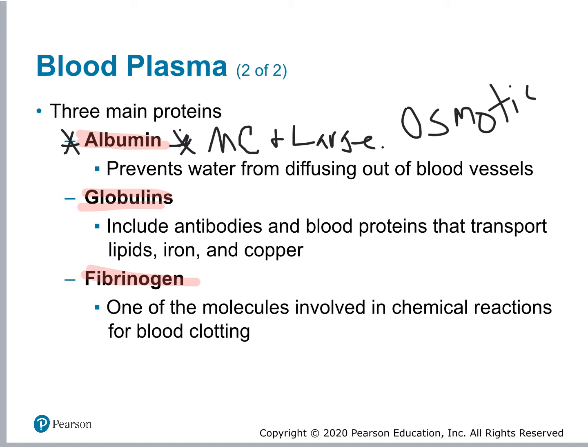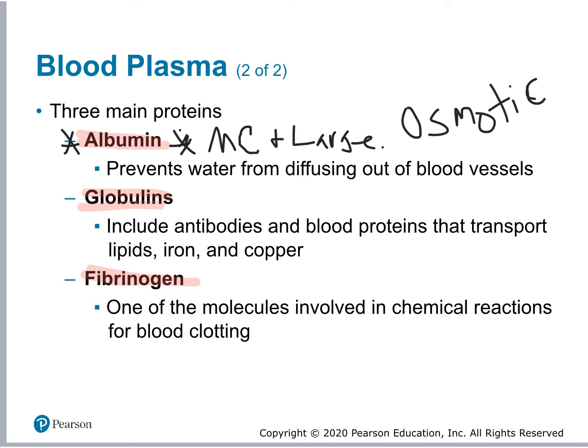Osmotic pressure is a pressure in a liquid due to the solid particles, the solute. Osmotic pressure draws fluid towards it. So water will flow towards solutions that have a higher osmotic pressure or a higher osmolarity. So albumin has a very important function. As the fluid leaks out from the capillaries, albumin creates the osmotic pressure to bring that fluid back into the capillaries.